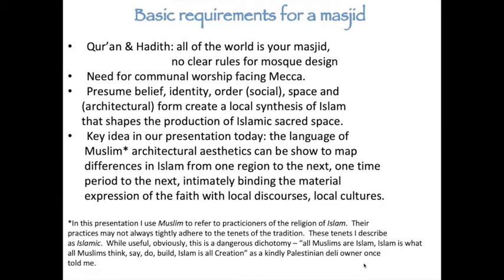However, there are some things about communal worship that are mentioned in the Quran and in the Hadith that give us some basic criteria that a mosque, as a purpose-built structure, a structure built for the purpose of worship, should enable. First and foremost is the need in Islam for communal worship facing Mecca.